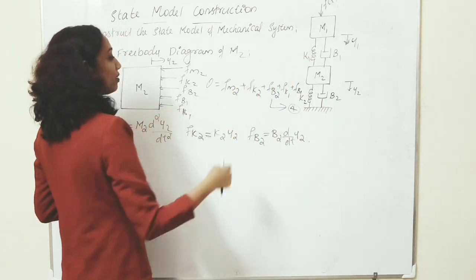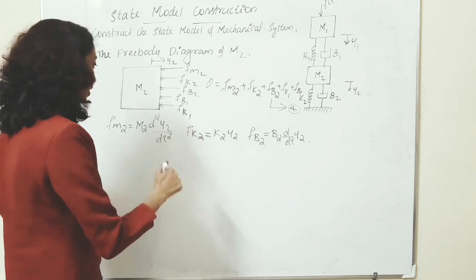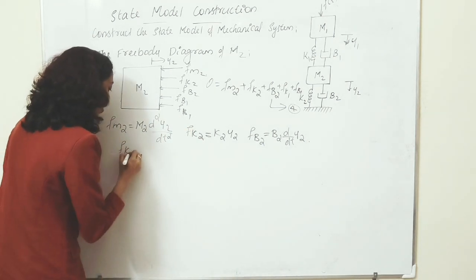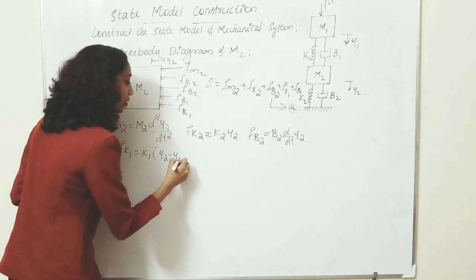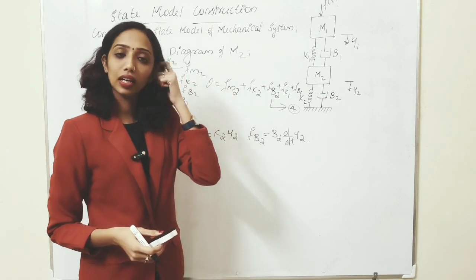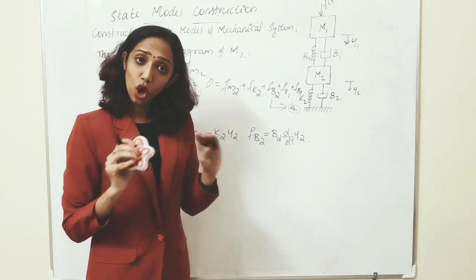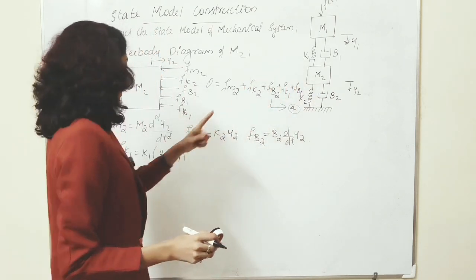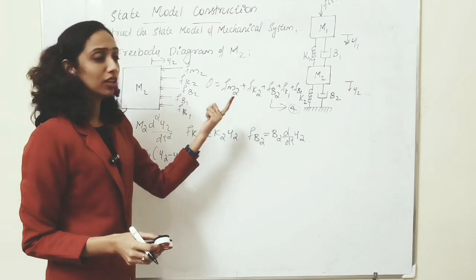And in the case of K1 and K2, here I can write FK1 is equal to K1 into y2 minus y1, because K1 and B1 are connected in between the two mass components. Therefore, we are not able to write it like K1 into y2 or K1 into y1.